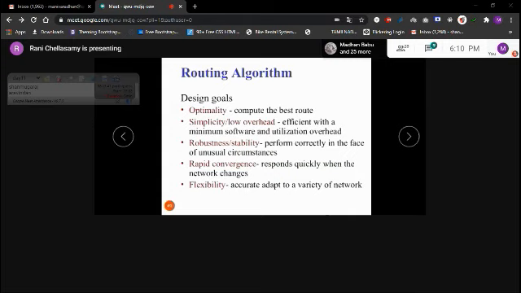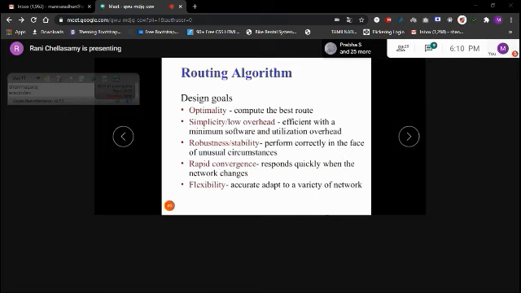Next comes the routing protocol. Protocols are normally used to exchange information between the routers about the current state of the network. The routing protocol will do the functionality of creating the routing table entries and keeping the routing table updated, and it also chooses the best path for the next hop.